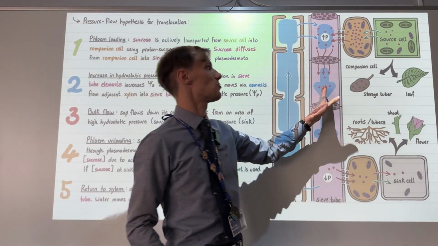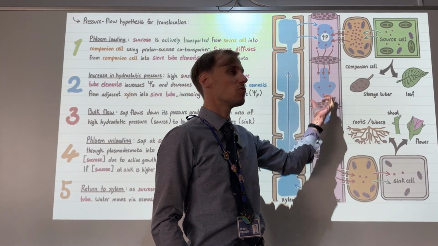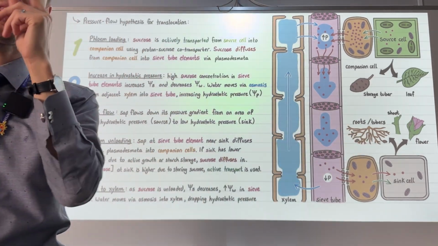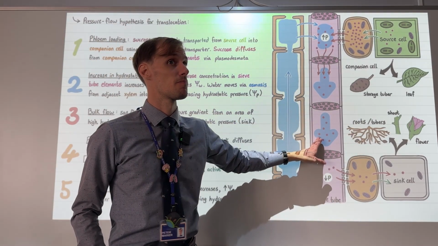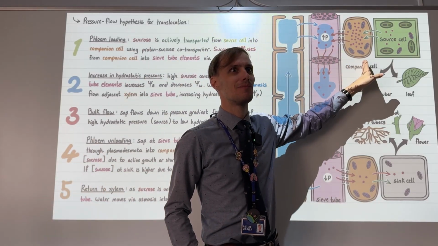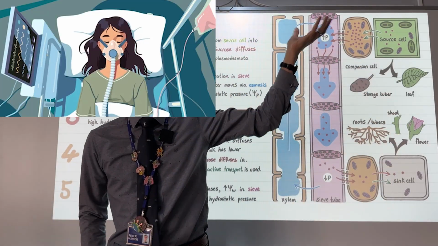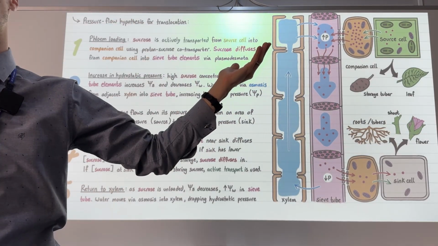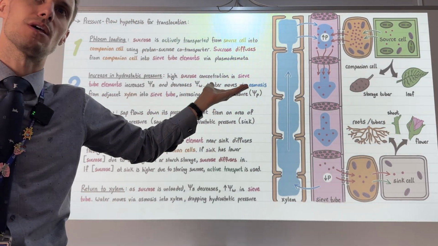The sieve tube cells are anucleated. There's no nucleus here. They have very little cell components, but unlike the xylem, they're alive. So how? Well, they kind of have a life support system. That life support system is the companion cell. The companion cell is kind of doing most of the metabolic activities for the sieve tube cell.